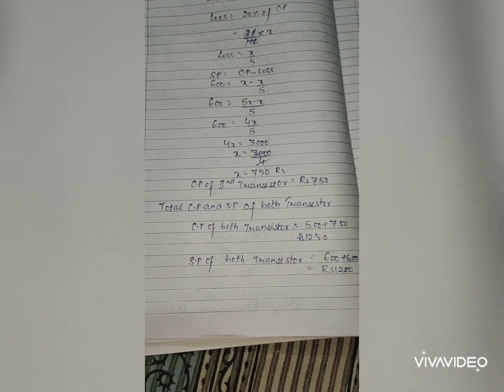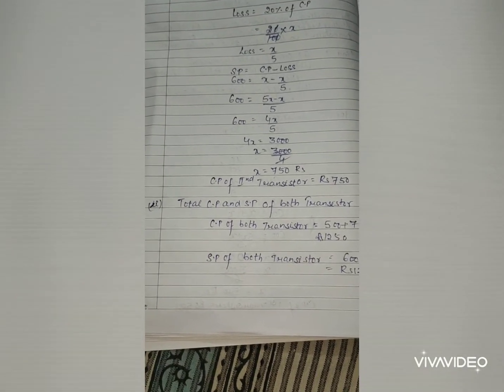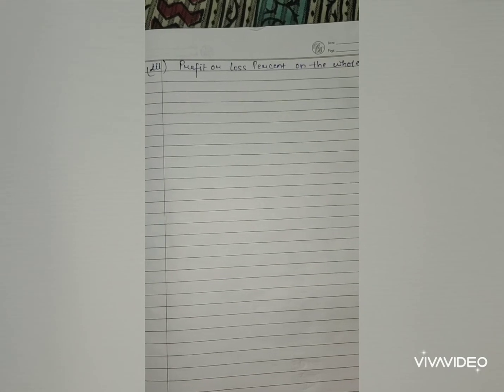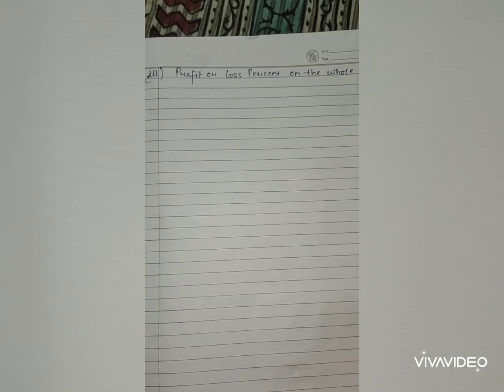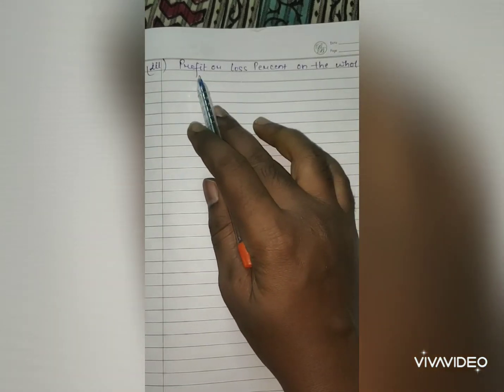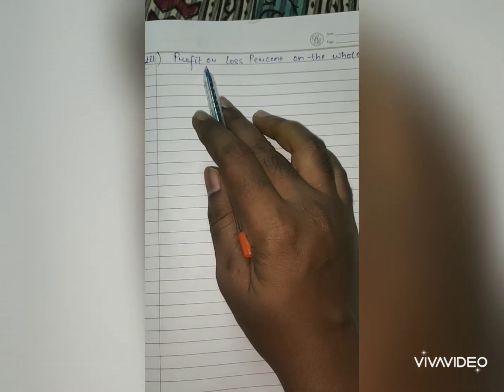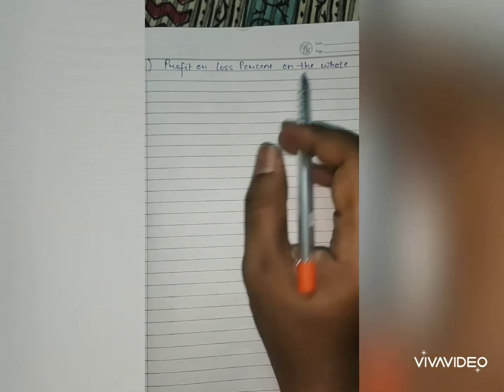Now let's see the last part of the similar question. The question is asking us to calculate the profit or loss percent on the whole.